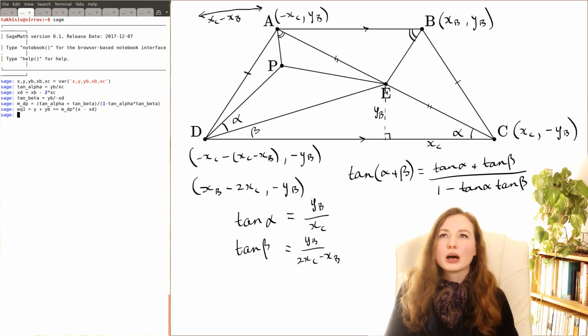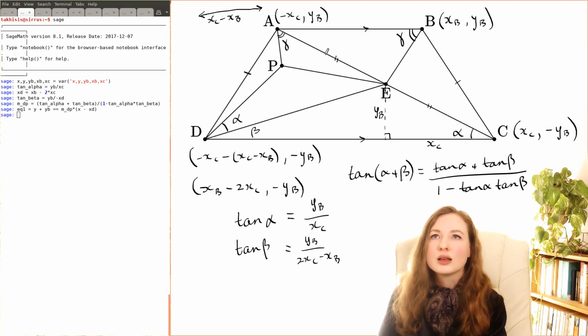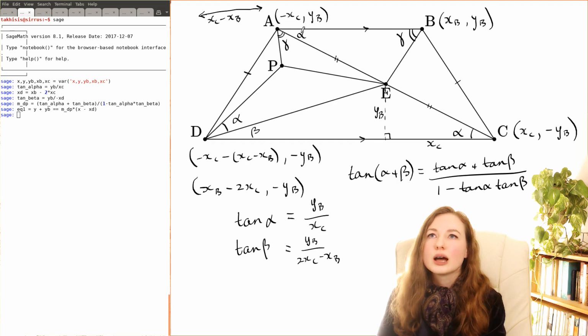And now we can think about the equation of this line. So let's call this gamma. So that's gamma as well. And this angle is actually an alternate angle with that one because of the parallel lines, so that's also alpha. So we can work out the slope of this by working out the tangents of these angles.